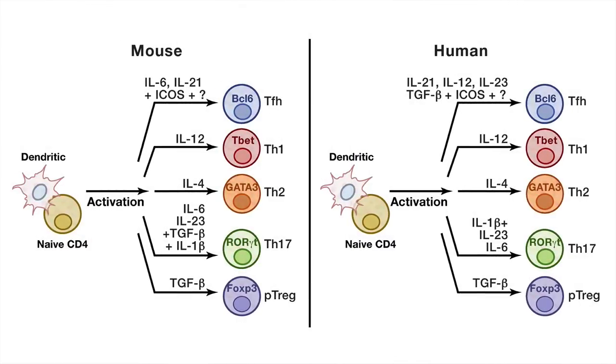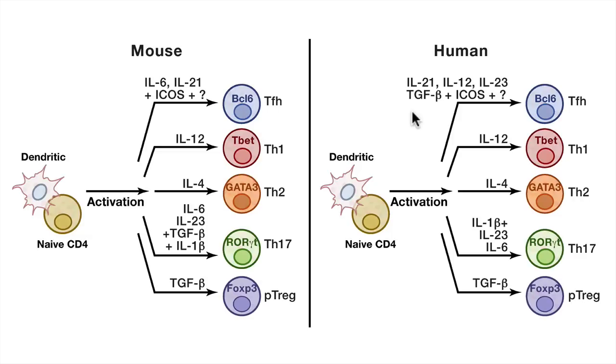One major complication here comes back to our lack of knowledge of the signals for TFH differentiation to fully recapitulate it in vitro. There is, to date, evidence of apparently major species differences between mouse and humans for TFH differentiation.